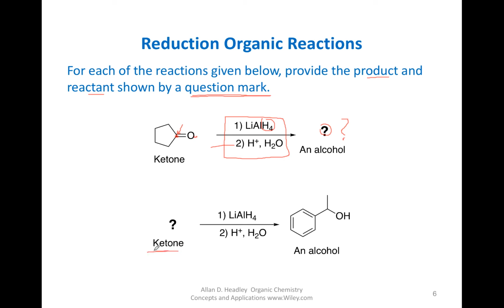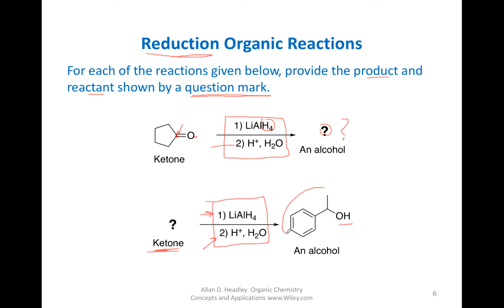It's given that it's a ketone. We know from this set of reagents it's a reduction because of lithium aluminum hydride, and in the first step it's the reagent that reacts with this ketone, and in a second step it's the acid that gives us the alcohol.